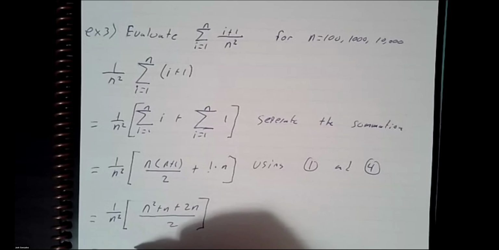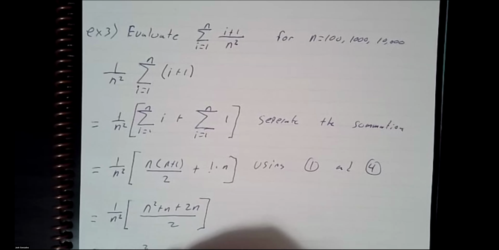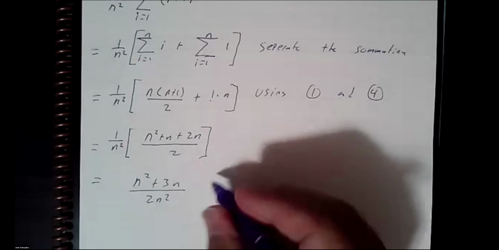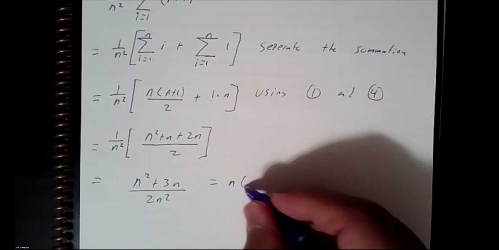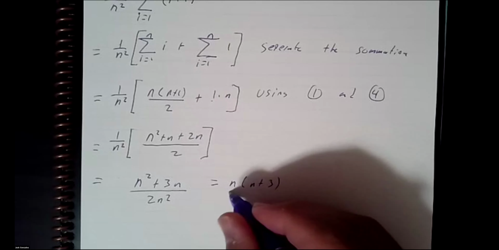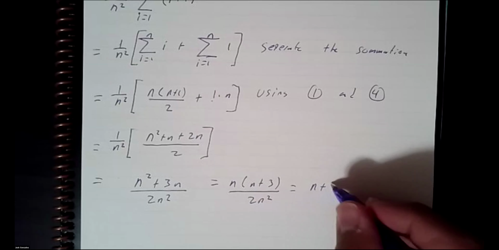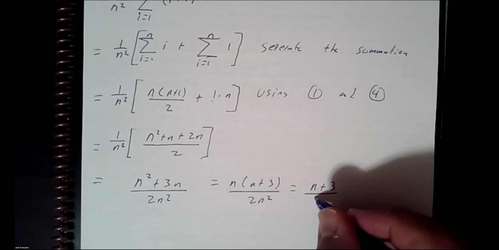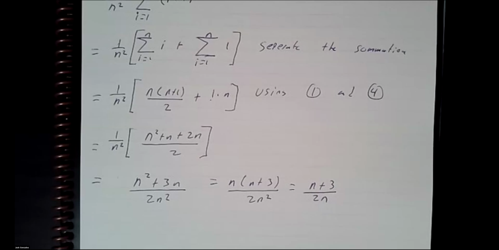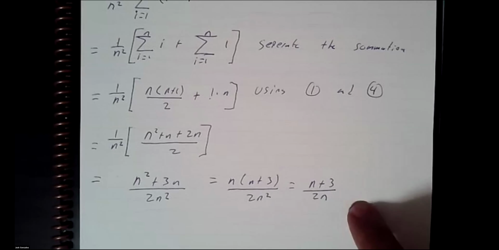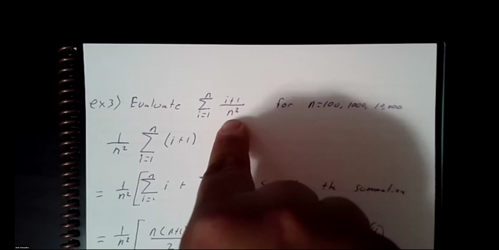Multiply the n squared in, you'll get n squared plus 3n over 2n squared, which will reduce by factoring an n out to this. So this is the sum of this in general for n.